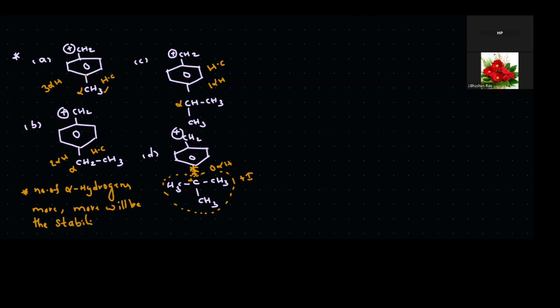This is the condition. Which one has the most alpha hydrogens? The first one. So A is more stable than B, B is more stable than C, and C is more stable than D. So this is the stability order of the benzyl carbocations if alkyl groups are attached to the para position. The same kind of condition applies at the ortho position also; it depends on hyperconjugation. The next example we will discuss now.